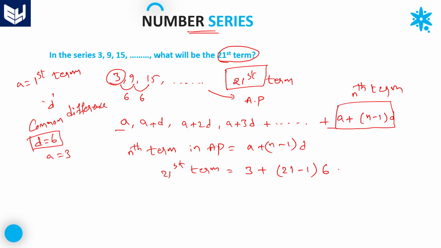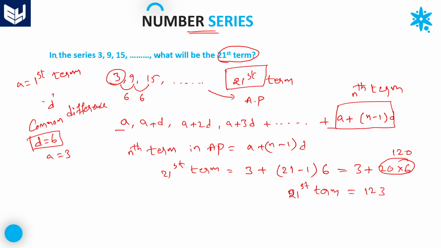Now you can calculate this value. 3 plus 20 into 6. 21 minus 1 is 20. 20 into 6 is 120. 120 plus 3 becomes 123. Therefore, the 21st term in this series is 123. That is the answer for this question.